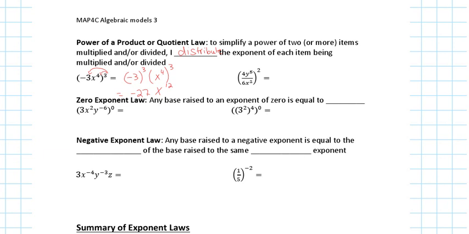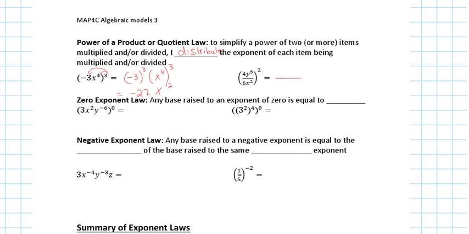So, in this case, we see multiplication, we see division, right? So that means I can distribute my exponent. So if you're going to distribute your exponent, what do you have? 4 to the power of 2, right?